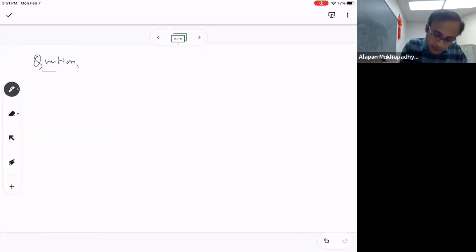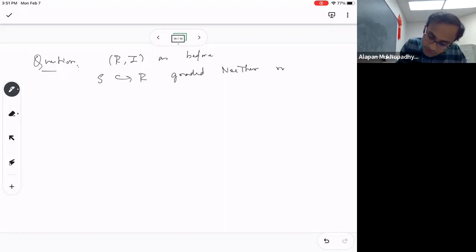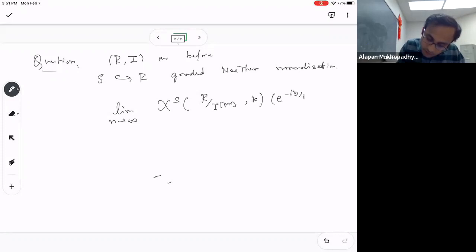So again, R, I as before, and suppose that S to R is a graded Noether normalization. I can look at the following function: limit as n goes to infinity of chi over S of R mod I power p power n, K, e power minus iy by p power n.